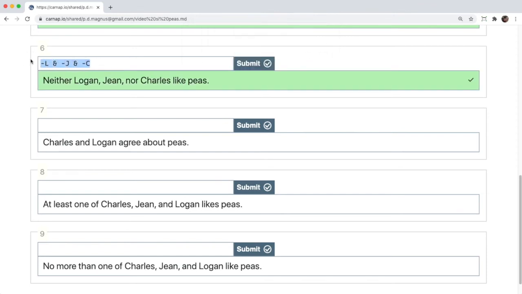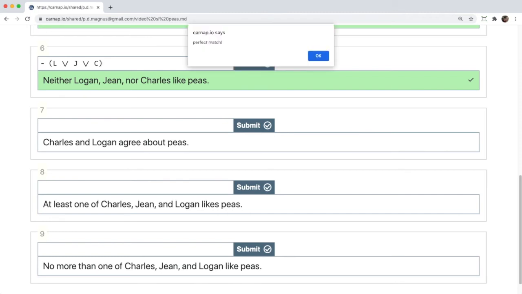Or you could think about it the way we thought about the second one. It's not the case that, here there's a big disjunction, L or J or C. Carnap says, that's good too.